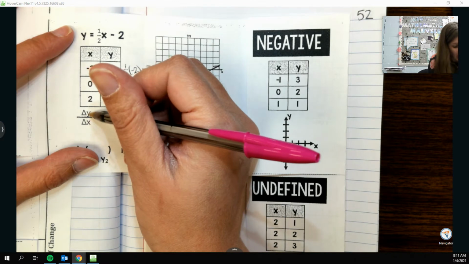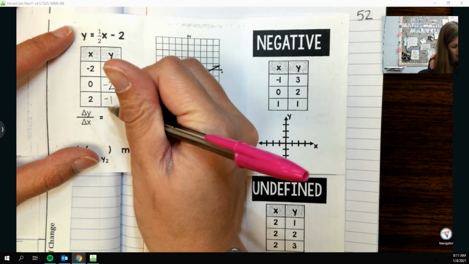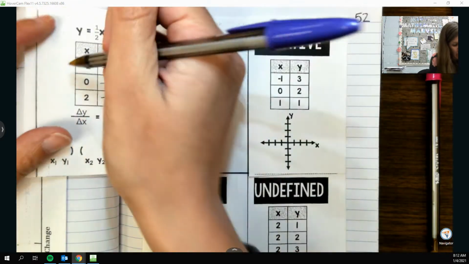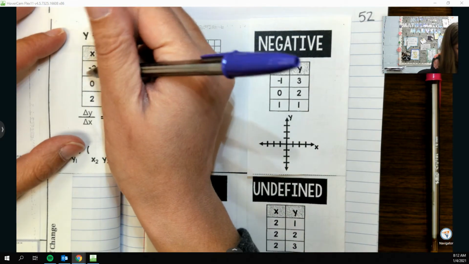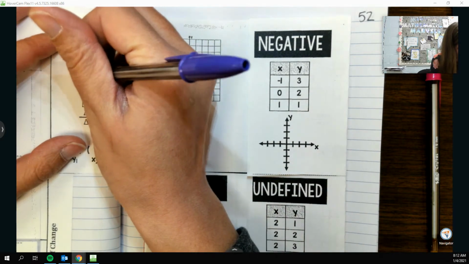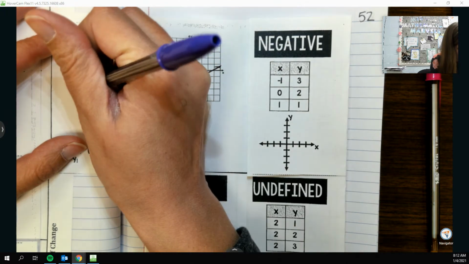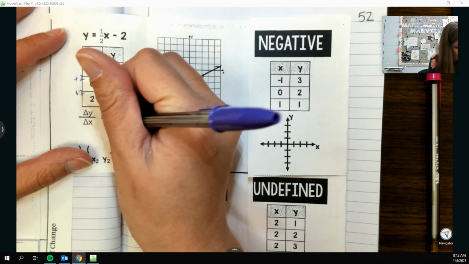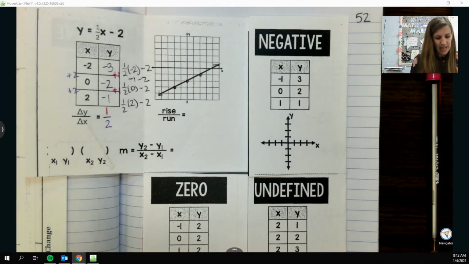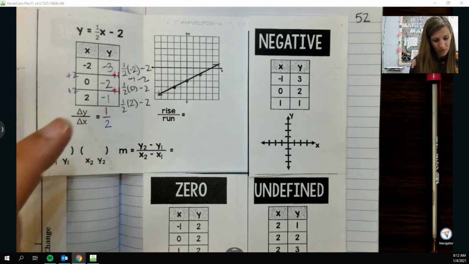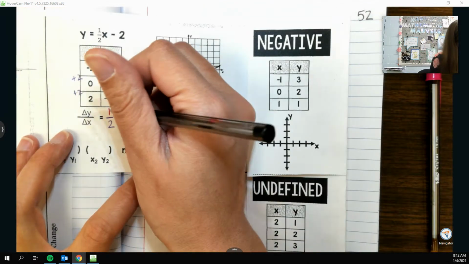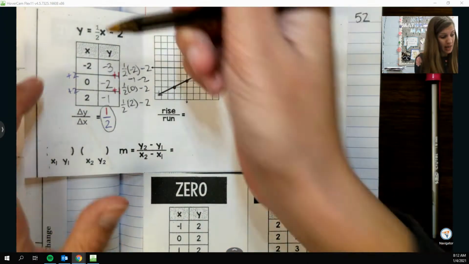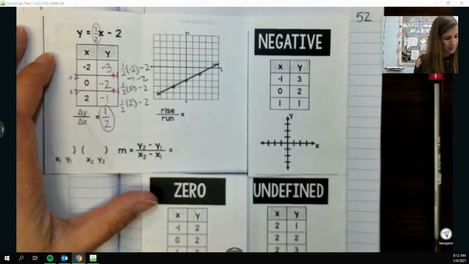So the change in y is always 1 versus the change in x. So from -2 to 0, that's up 2. And 0 to 2, that's up 2. So x is changing by 2. And so I can see that my slope is 1/2. So half. Now that also shows up in your equation right here.